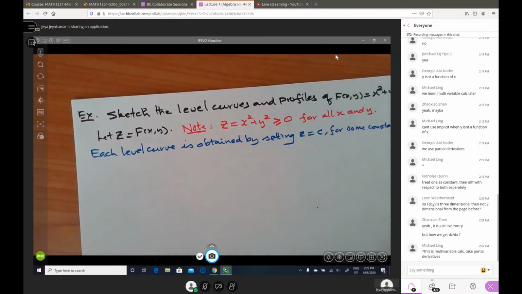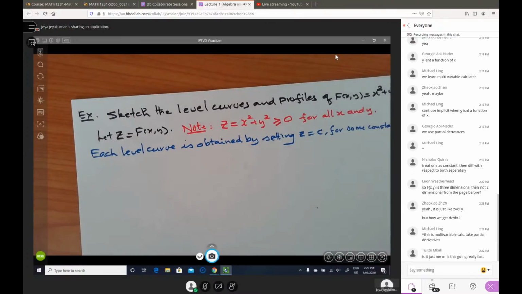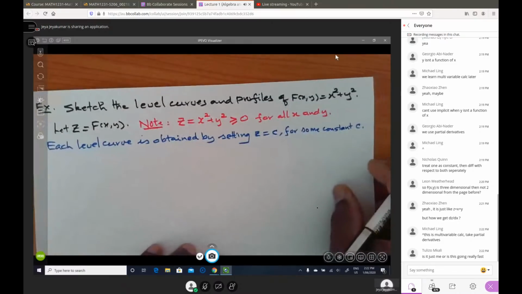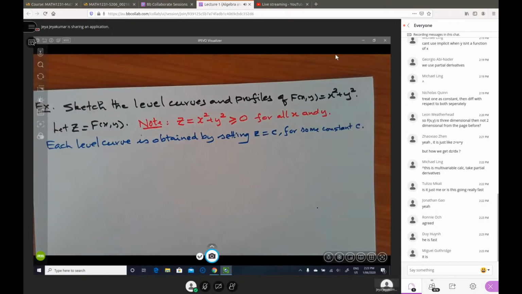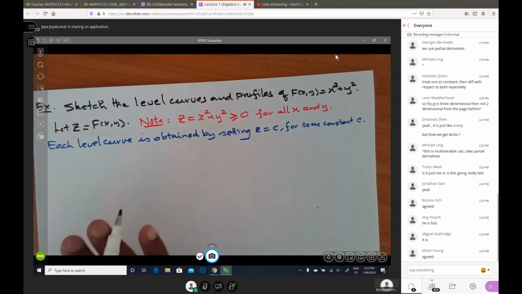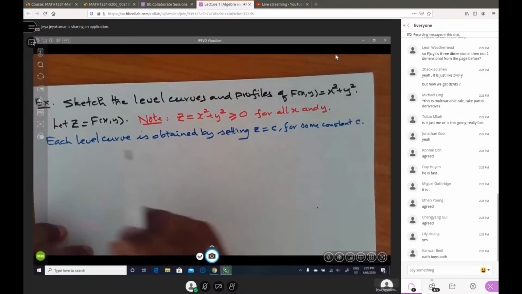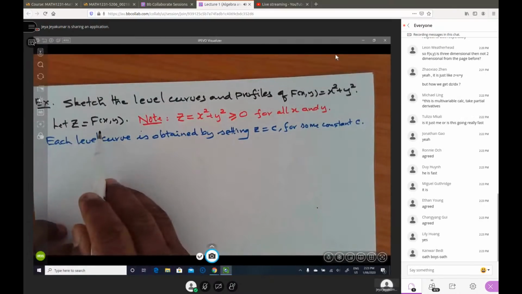So sketch the level curves and profiles of the function of two variables f(x, y) equals x squared plus y squared. Now, first you want to look at the structure of the function. It often gives you some idea how the curve would look. So let's say z equals f(x, y).